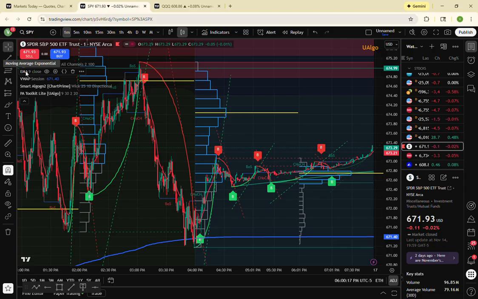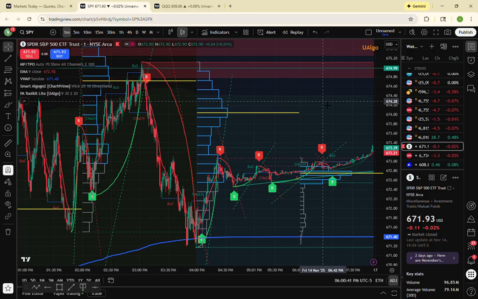The second one is just the exponential moving average. The third one is VWAP. The fourth one is Smart Algo. The fifth one is Price Action Toolkits. That's what I use to practice my backtest.